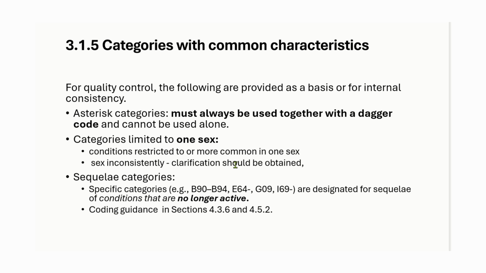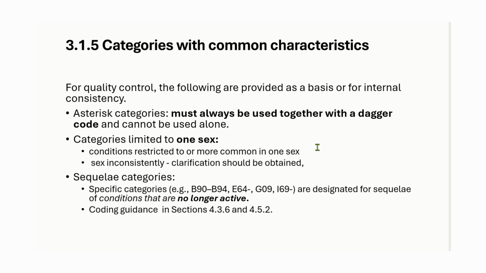Now, there are certain categories which have common characteristics, used for quality control and also as a basis for internal consistency checks. For example, asterisk codes must always be used together with the dagger code and cannot be used alone. The other one is categories limited to one sex.